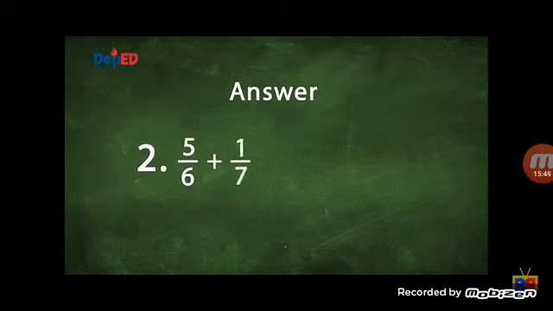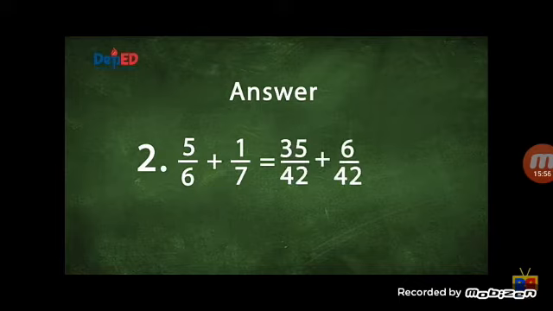Number 2. 5/6 plus 1/7 equals 35/42 plus 6/42 equals blank/42. Step 1. Change fractions to similar fractions through getting the least common denominator, or LCD.